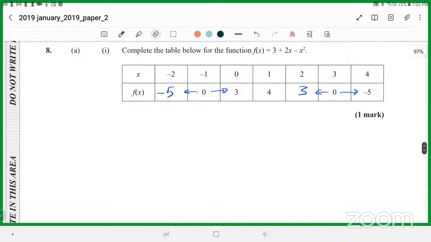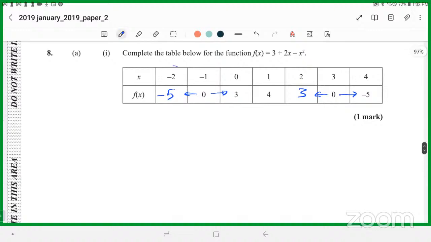But if you're calculating, you'd have to plug the -2 in there, and you'd have to plug the 3 inside here and here. If you want to show the work, it's only 1 mark for it. I think they wanted to use the symmetry of the values to get this one.